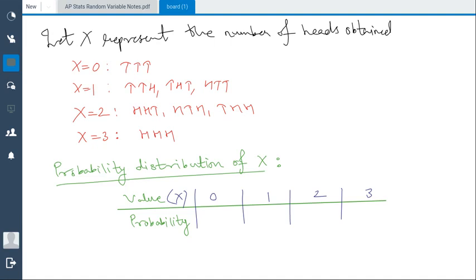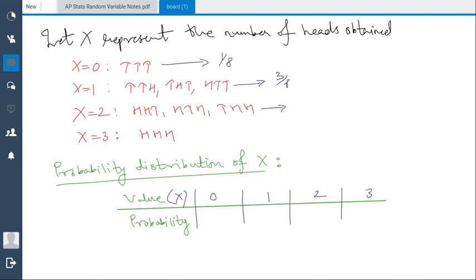No, no. This is TTT. How many possible outcomes are there? 8 possible outcomes. What is the favorable outcome? TTT. Okay? 1 out of 8. Got it? And then 3 out of 8 and 3 out of 8.